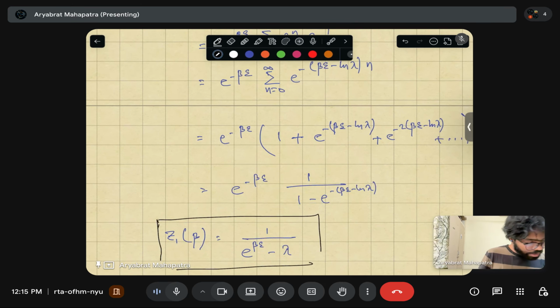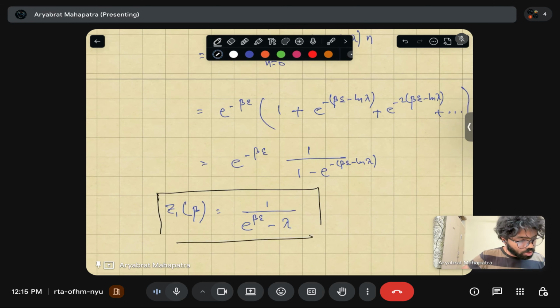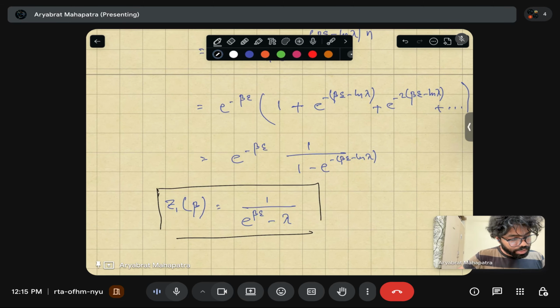The point here is the same thing we have seen in the last case. One thing to note is this GP series which I have written down; even in the previous problem we used it. If a series follows this form, the summation is given as 1 over 1 minus x, provided that x is less than 1.